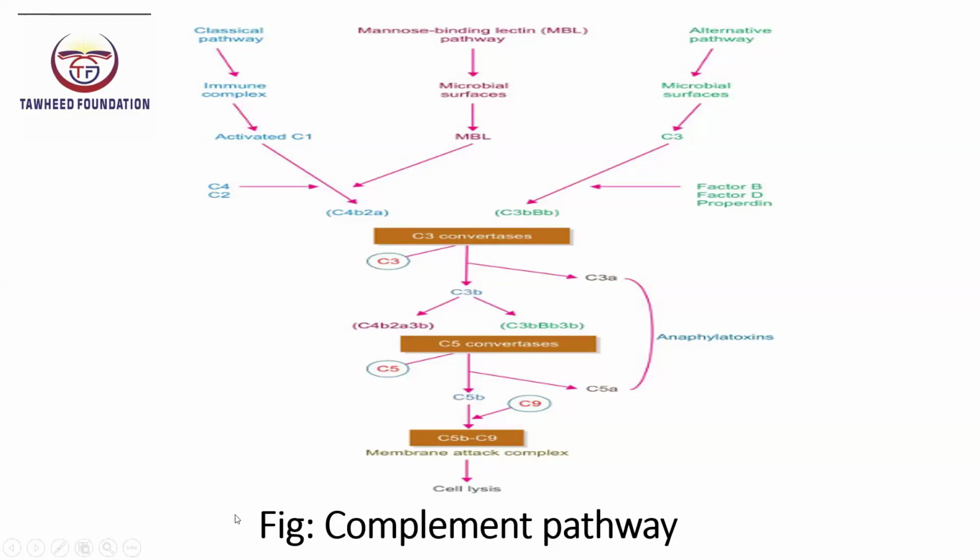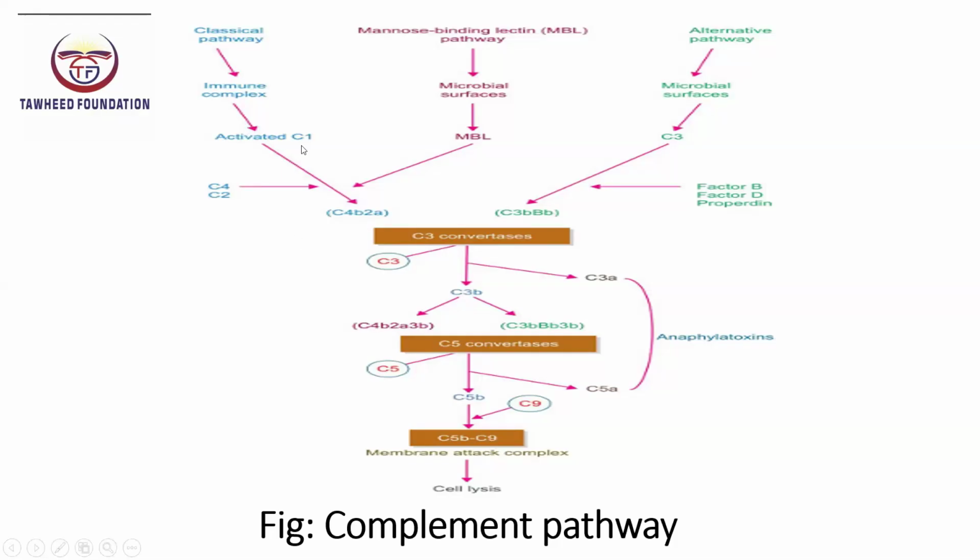So coming to this slide explanation, the diagram on this slide represents the complement pathway, showing how the immune system uses a cascade of proteins to target and destroy microbes. This pathway begins when the C1 complex, composed of C1q, C1r, and C1s, binds to antibodies, that is IgG and IgM, attached to pathogens.